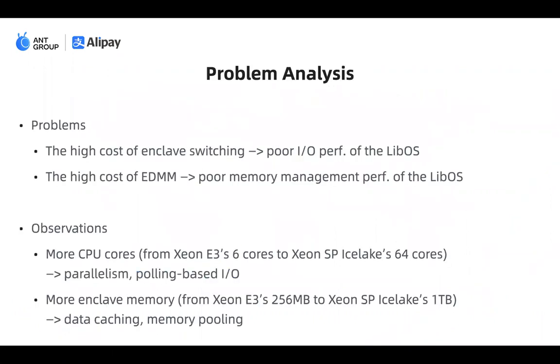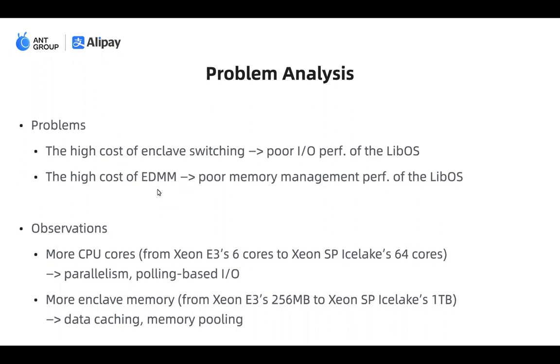As you can see, the consequence of the high cost of enclave switching is that the I/O performance of the library OS will be affected, and the high cost of EDMM will impact the memory management performance of the library OS. So these are the consequences of the hardware SGX overhead, and this is a problem. We also make some observations. The first is that on this new Intel SGX, we get many more CPU cores.